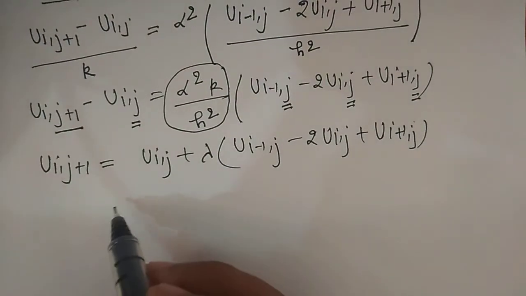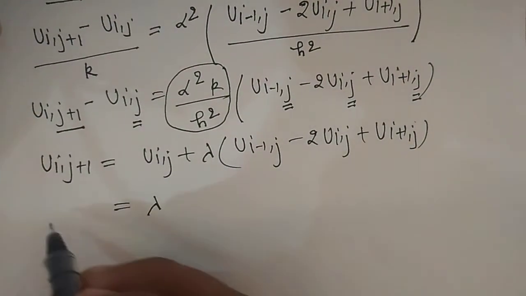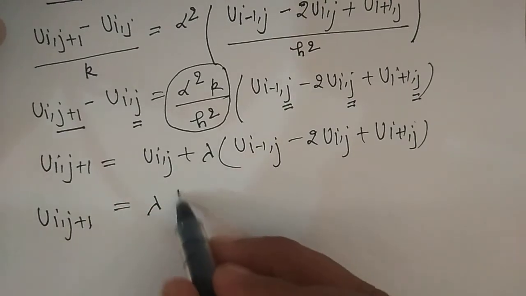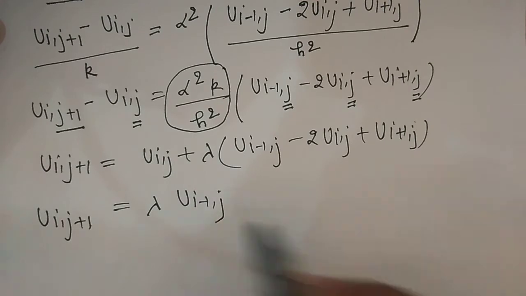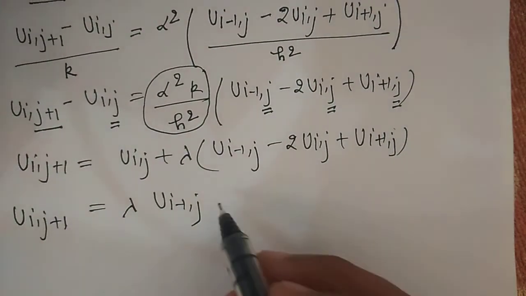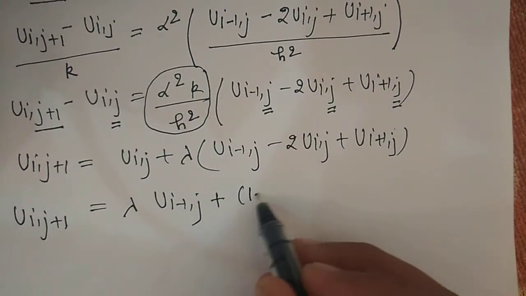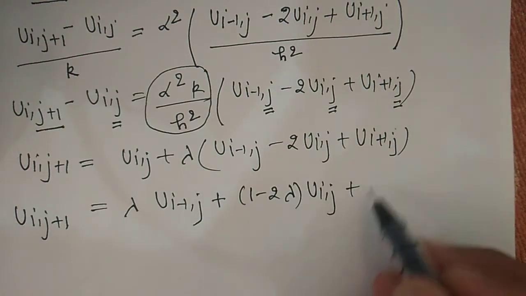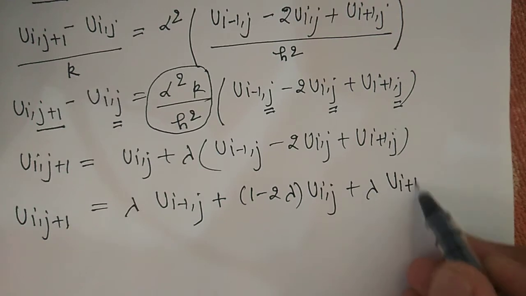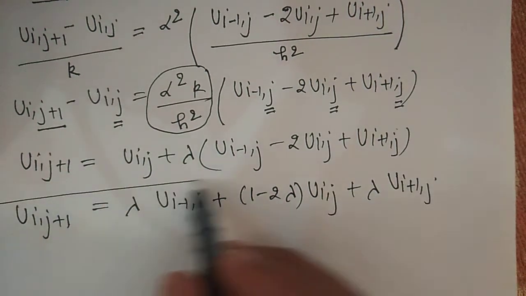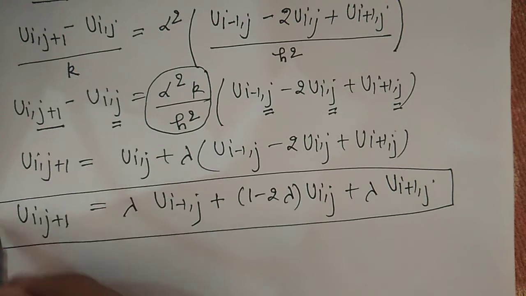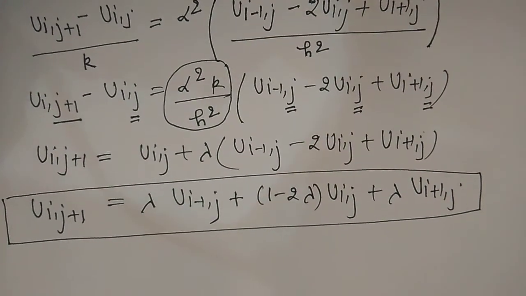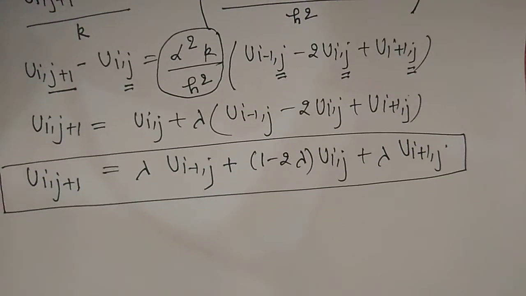Now if you simplify, we get u i j plus 1 equal to lambda u i minus 1 comma j plus 1 minus 2 lambda u i j plus lambda u i plus 1 j. So this is your difference equation for the heat equation.